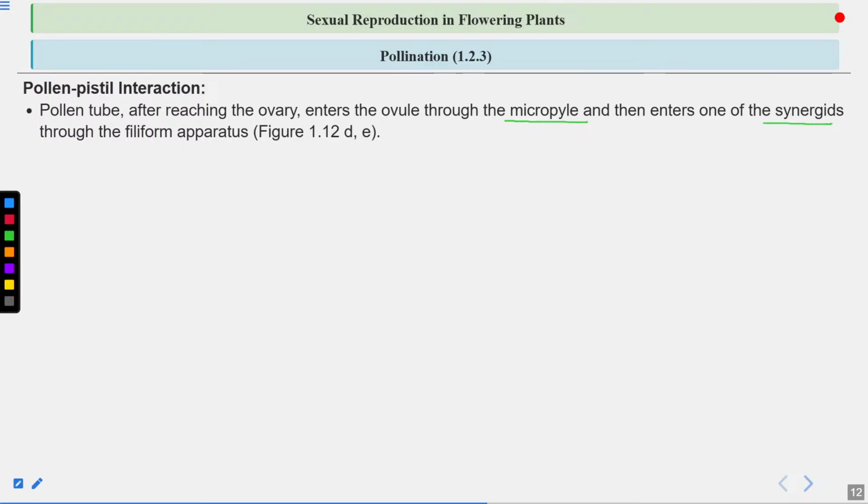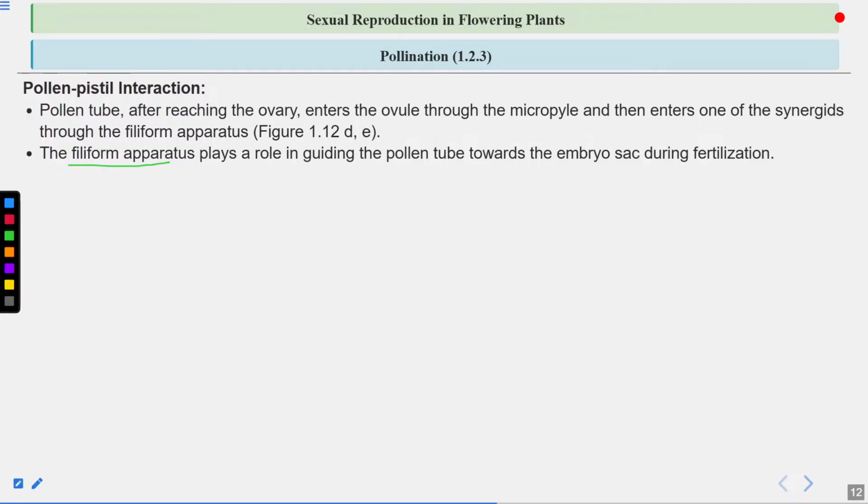When it reaches the embryo sac level, it enters inside one of the synergids. Actually there are 2 synergids, so it can enter any one of them. And in the synergid there is one structure called the filiform apparatus.